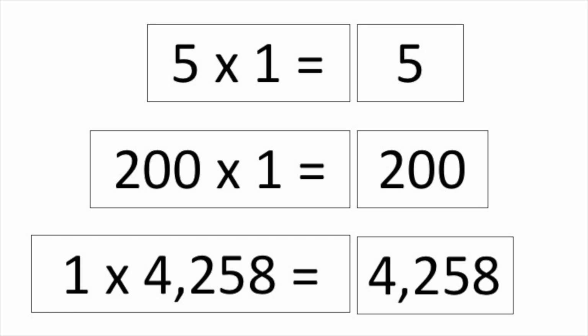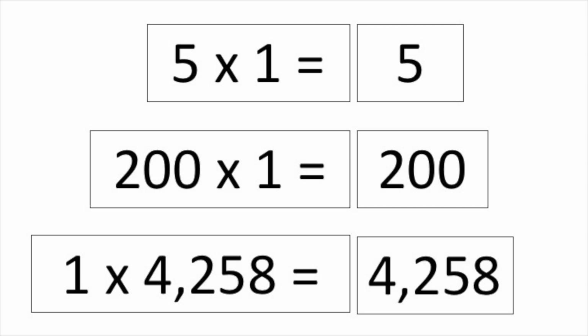For example, 5 times 1 equals 5. 200 times 1 equals 200. If we multiply only by 1, the answer is always the number, because we're only timesing by 1.